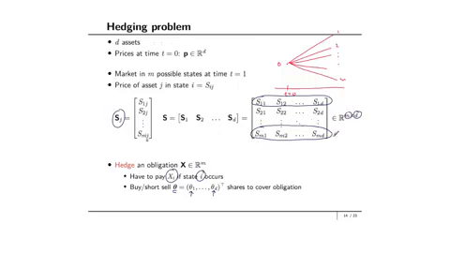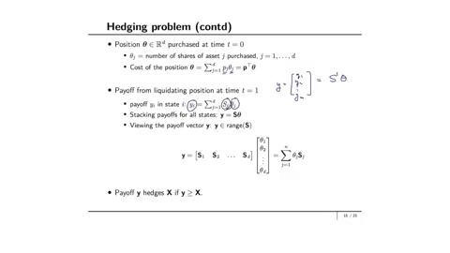So the payoff in the first state will be this row times the vector. In the second state will be this row times the vector. And that's exactly what is being done here. S_ij, as j goes from 1 through D, is a row. You take the ith row, multiply it by the vector, you get the payoff in the ith state. And therefore, the vector Y is simply the matrix times theta.